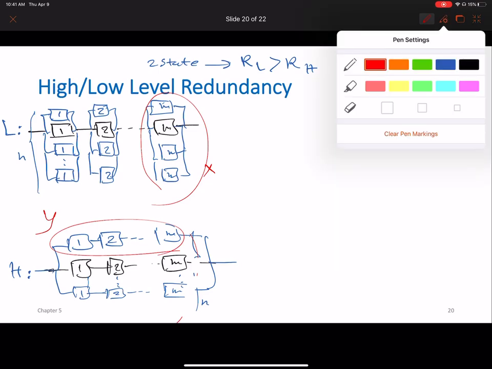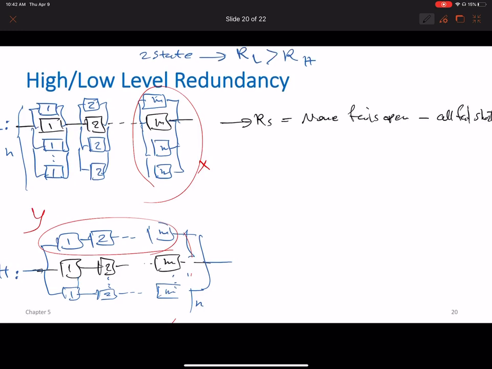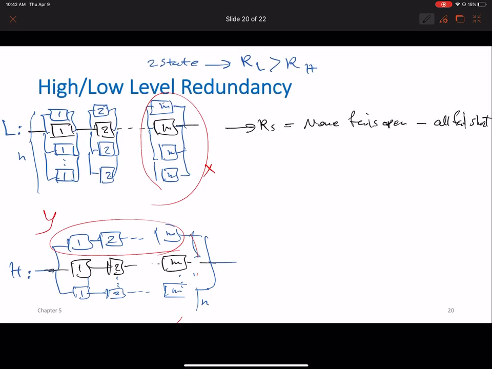So from what we talked about previously, we know that the reliability of the system in series structure was none of them fails open minus all of them fail short. None fails open minus all fail short. So none of those X's should fail open. How many of those X's do I have?